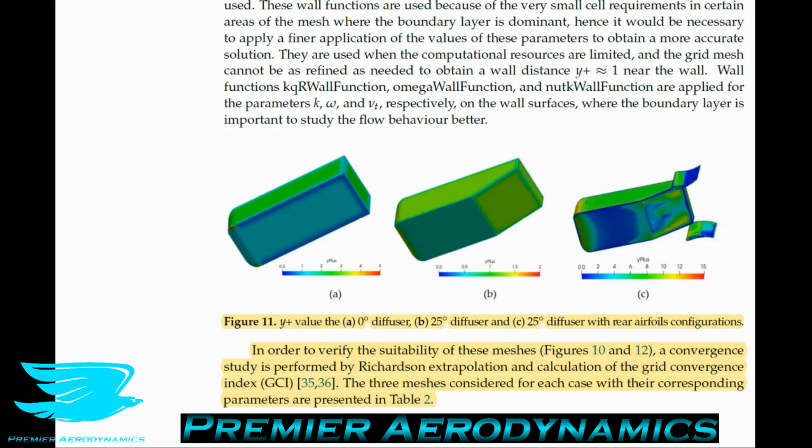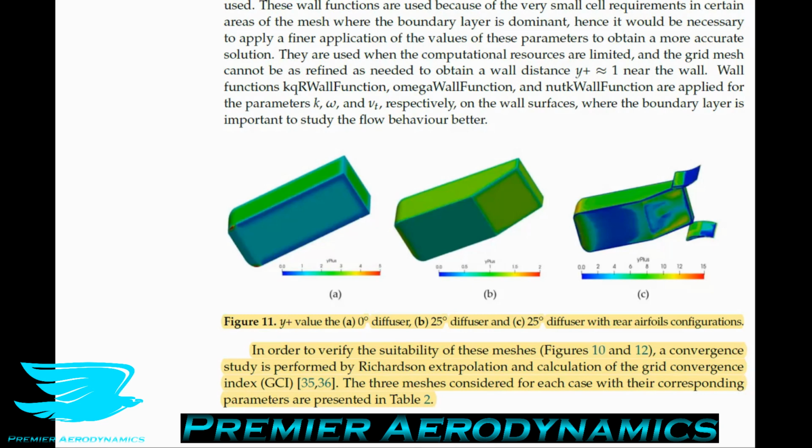So let's talk about what this Y plus is, what they're doing here. They say the average value of the dimensionless wall distance Y plus is around 7 for the 3 meshes that they're considering, and the maximum value is 15. So what does this mean? As I mentioned earlier, you ideally want a Y plus value of 1 for your mesh, and this means that you're resolving the boundary layer quite nicely.